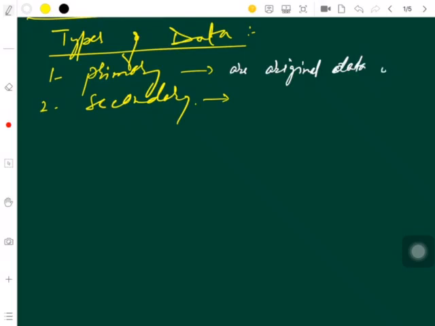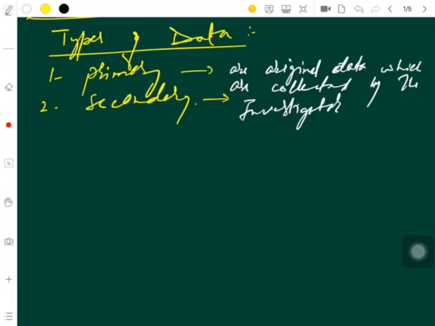Because they are collected by the investigator himself. That means I have been assigned a job to collect data pertaining to certain things in the market or in a district. I'll go myself and collect the data. It will be primary data collected for the first time.